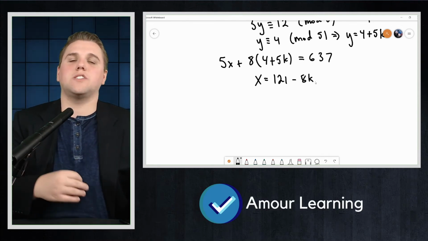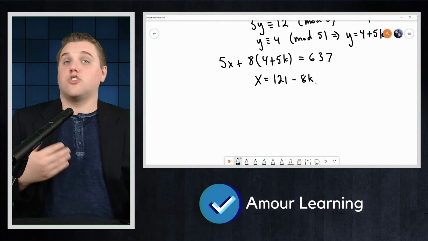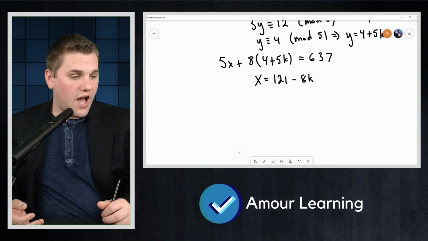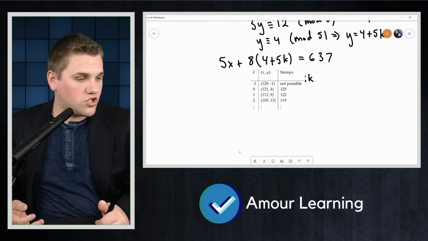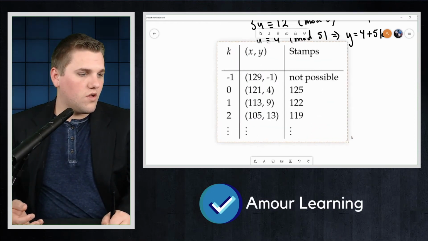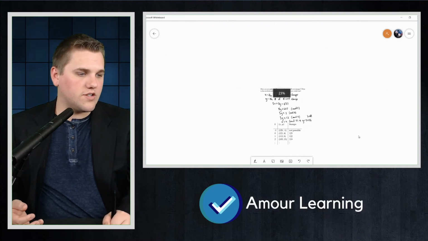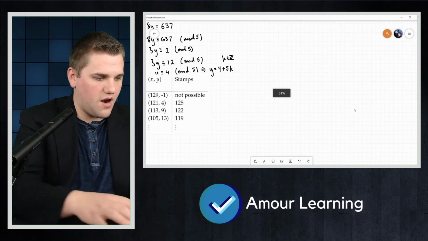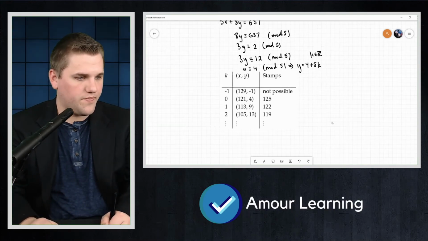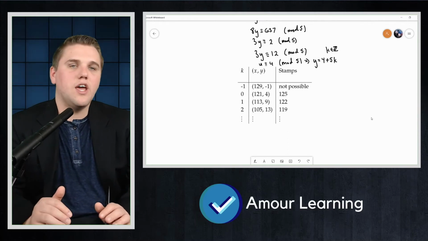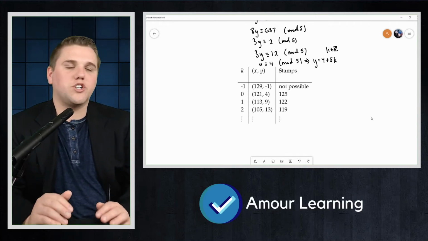To find the smallest and largest number of stamps, try different values of k. In fact, I have here a chart that can show you exactly what we can do with these values of k. So for example, if you plug in k equals -1, you get a y value of -1, which is not possible.